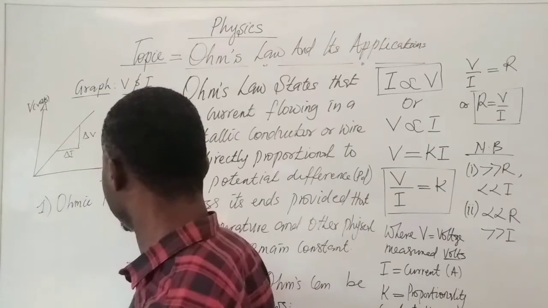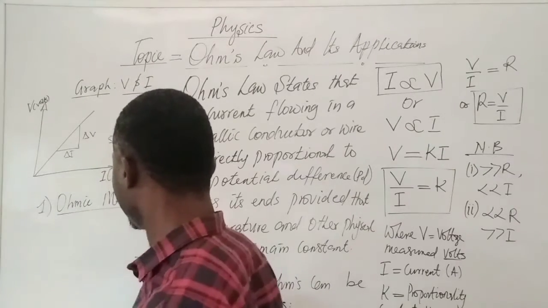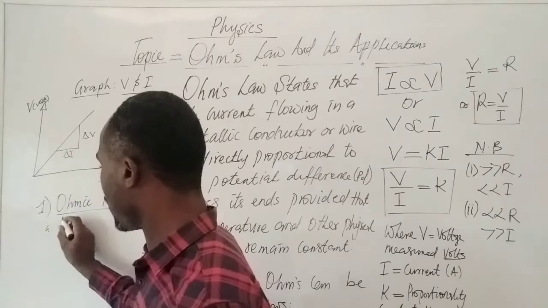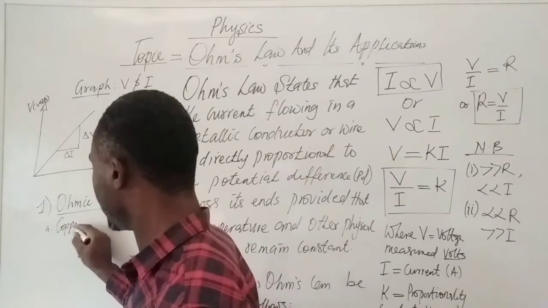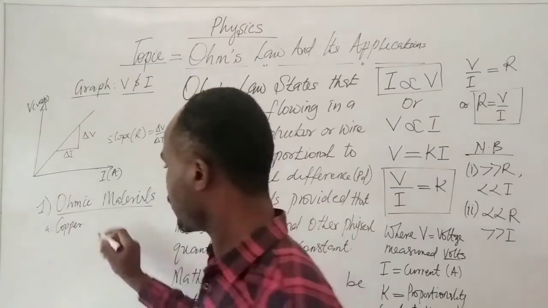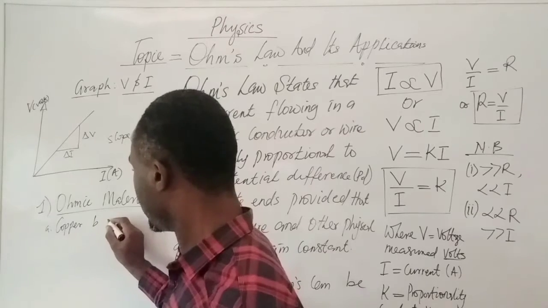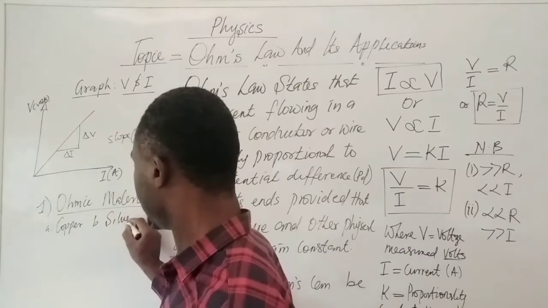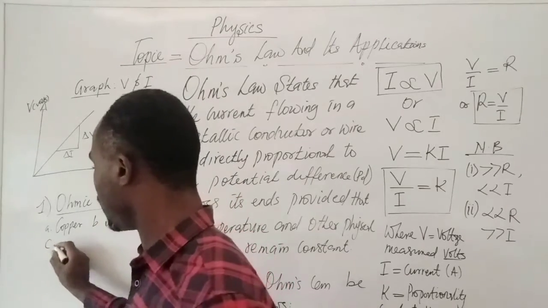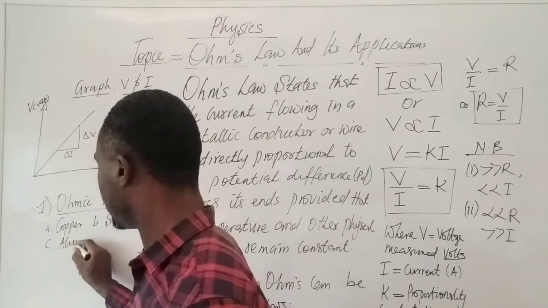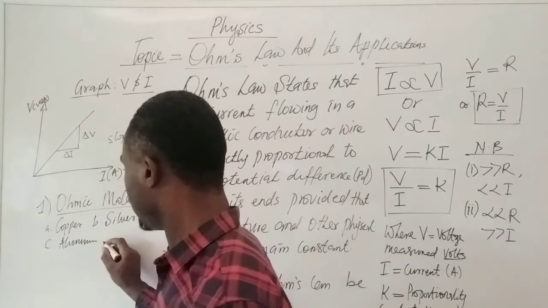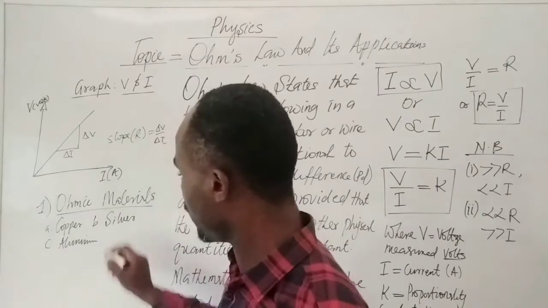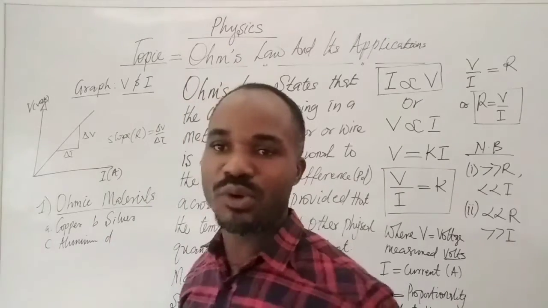Ohmic materials are: A, copper; B, silver; C, aluminium; and so on and so forth.